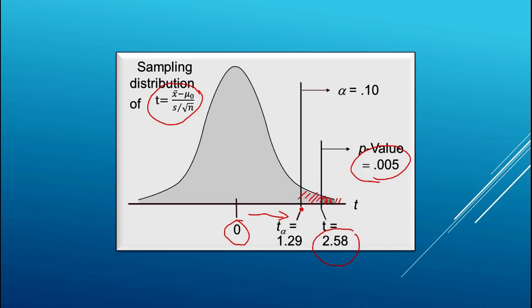The value on the horizontal axis associated with the 10% area would definitely be to the left of my t-statistic. And so because this area here of 0.005 is less than or equal to the area that I've chosen to represent my critical value, which is 10%, I reject the null hypothesis.